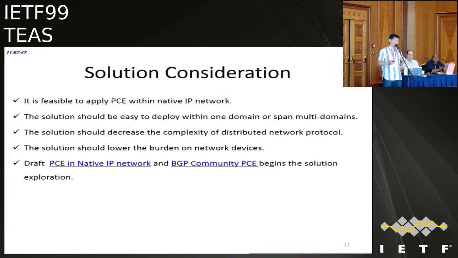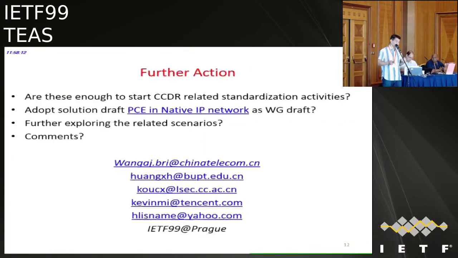And we have submitted two drafts for the solution. One is PCE in native IP network. This draft has been presented several times, including at the Chicago meeting. And later I will present BGP community PCE as a supplement.